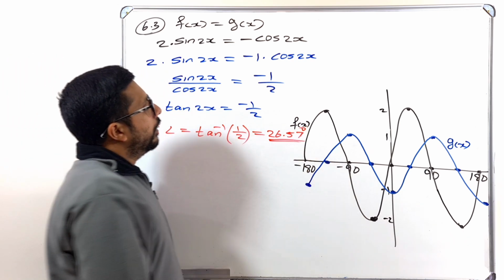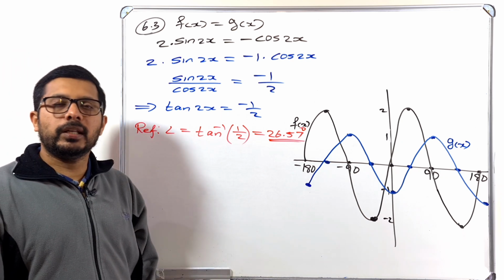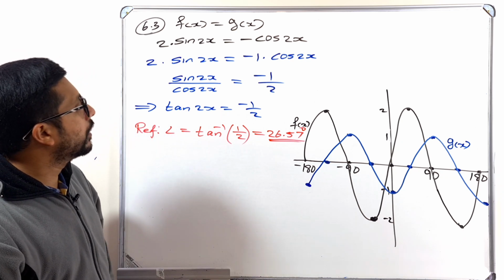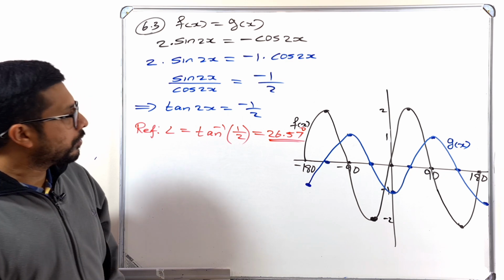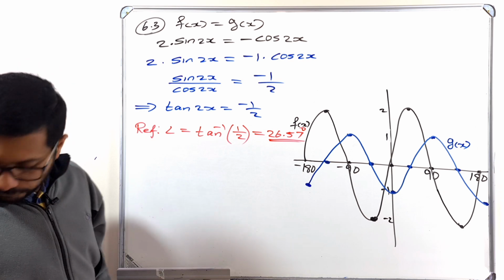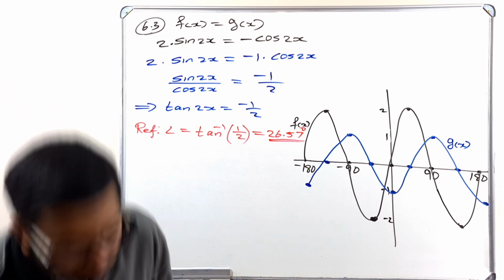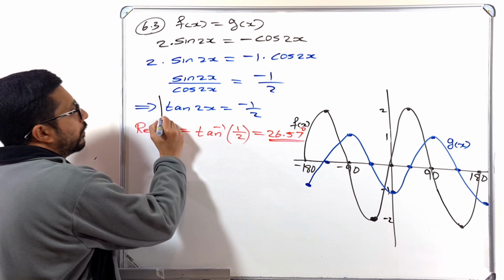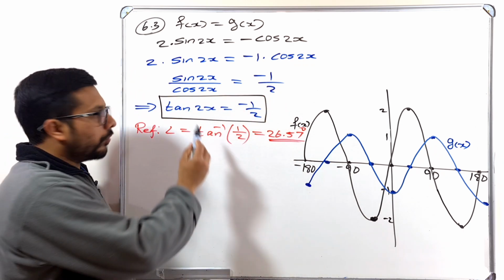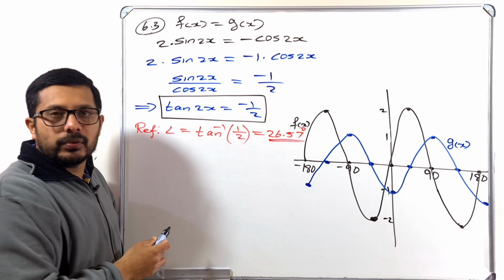Now you have to find the remaining general solutions based on this reference angle. How can you find the remaining values of theta or the general solution? It depends on this one. Look at this: tan of an angle is negative half.